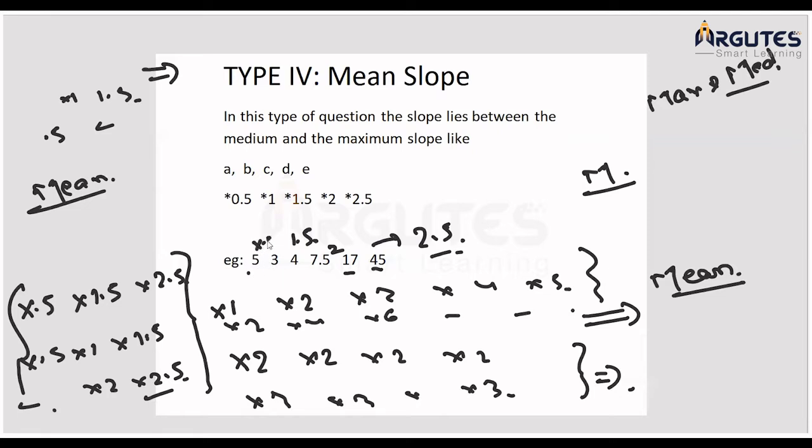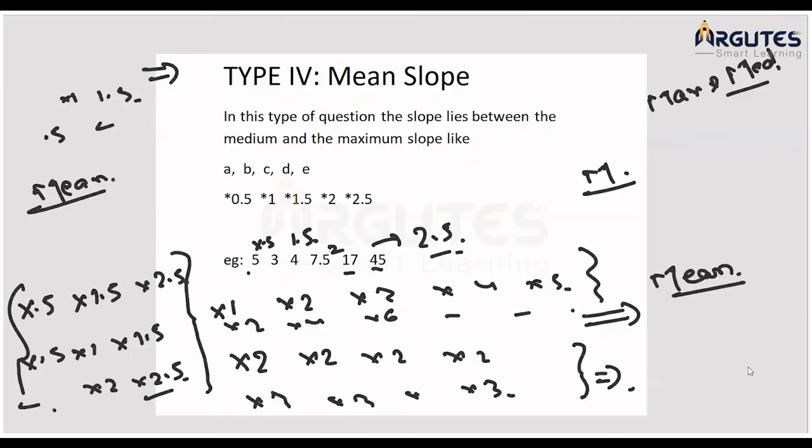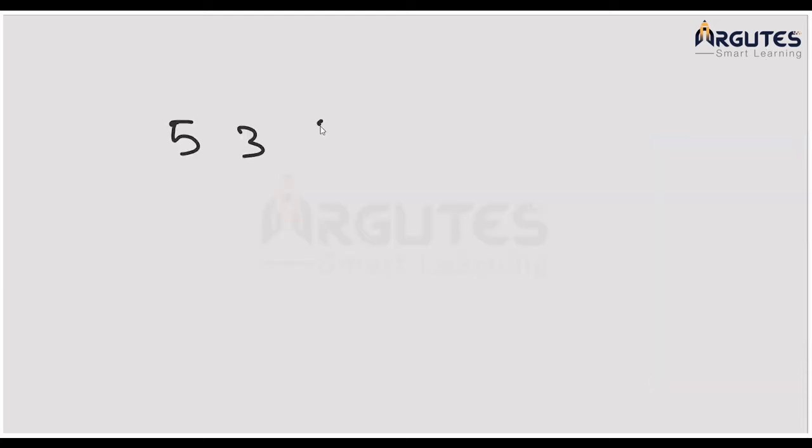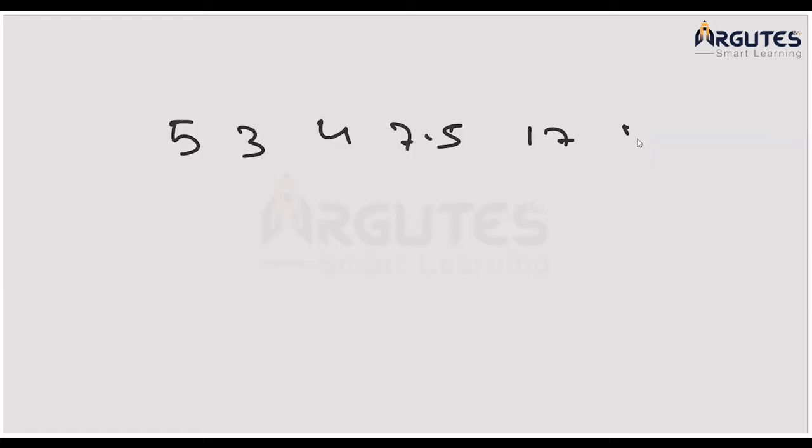So it's 0.5. So how do we reach the conclusion? The series is 5, 3, 4, 7.5, 17, 45. So here it is 0.5. 5 into 0.5 is 2.5, so you add 0.5 over here.